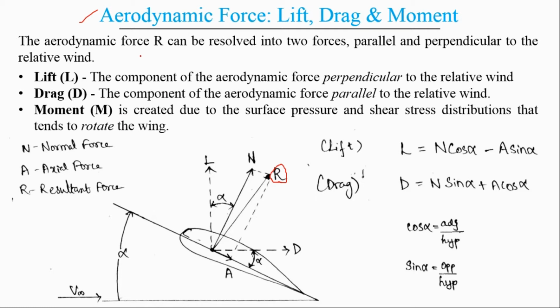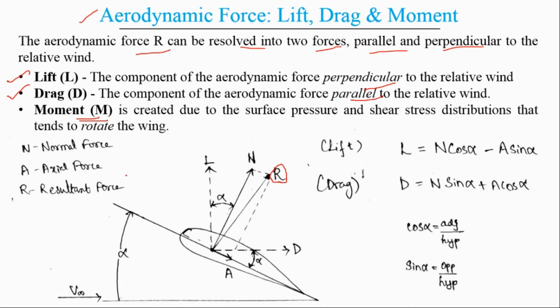This has in general two vectors. That is, the aerodynamic or resultant force can be resolved into two vectors, parallel and perpendicular to the relative wind. The component acting perpendicular is known as the lift, and the component which is parallel is known as drag.